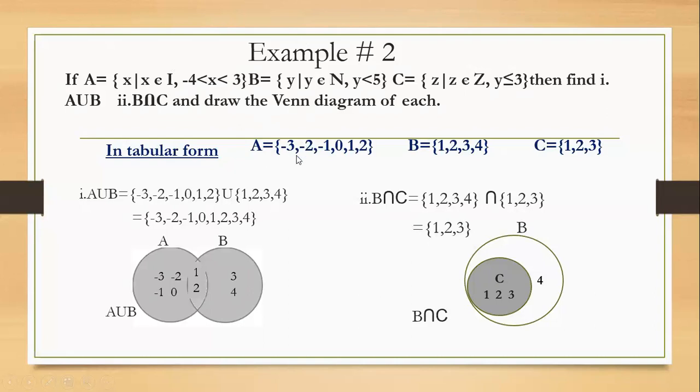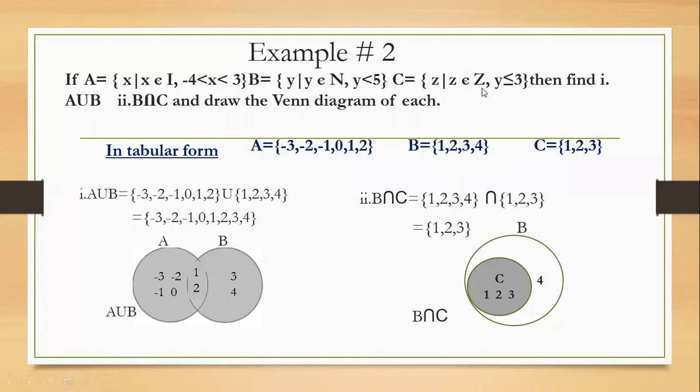Why do we have to convert it into tabular? Because we have to find the union, and for finding the union, the set must be in tabular form. Here you can see that there is a set of integers, and here is the limit, and in this way you can convert it. Set B contains the natural numbers less than 5, and set C contains the elements.